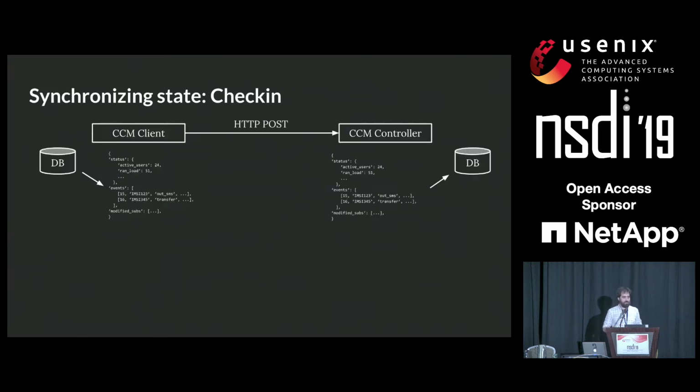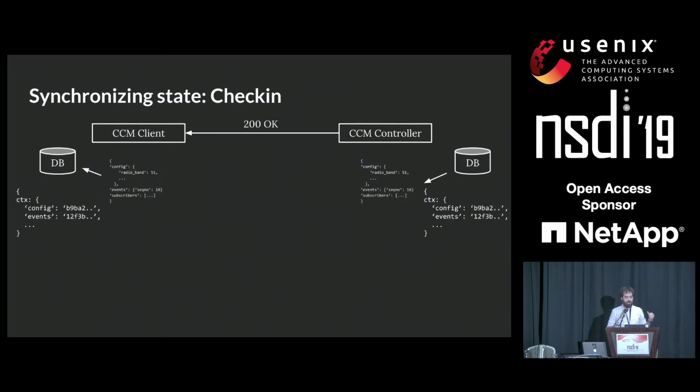To do this, the client and the controller keep track of the last exchanged configuration. Because our check-in is broken into sections, we can keep track of a hash of the contents of each section of our check-in, and then on every check-in request, when the controller generates a new set of configuration, it can see whether or not it matches what the client last received.